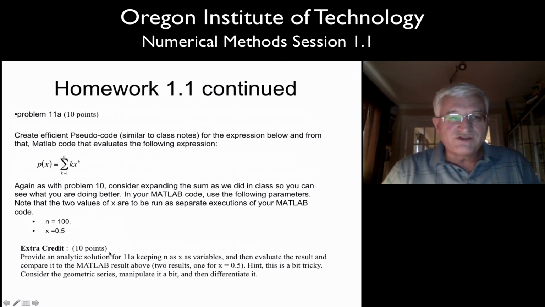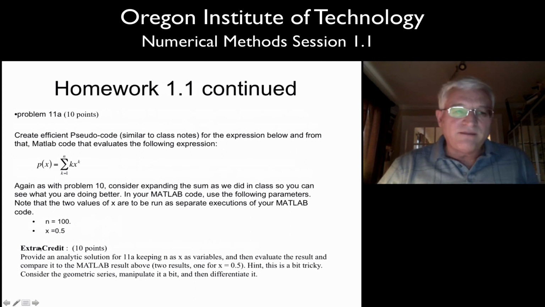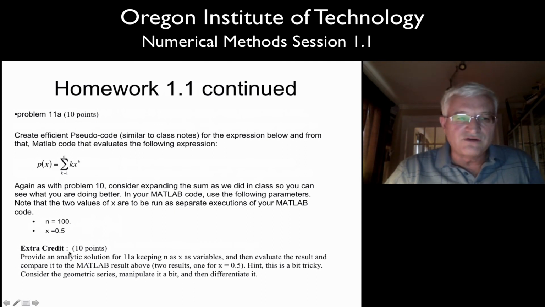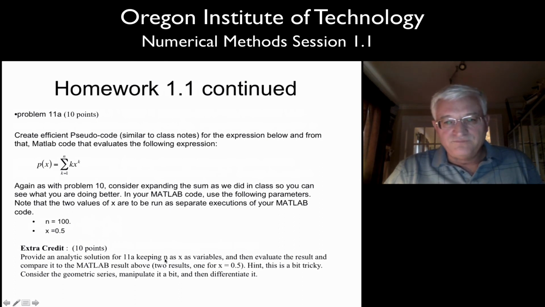If you'd like some extra credit for another 10 points, do problem 11a. So what I'm asking you to do with this extra credit point is to redo problem 11a analytically, in other words, on paper, and come up with a formula for this expression, this polynomial.